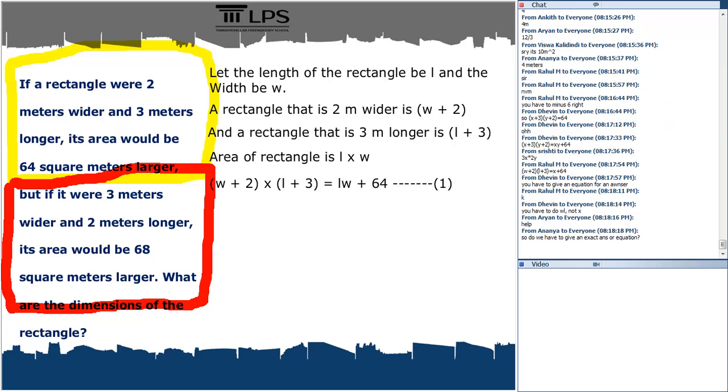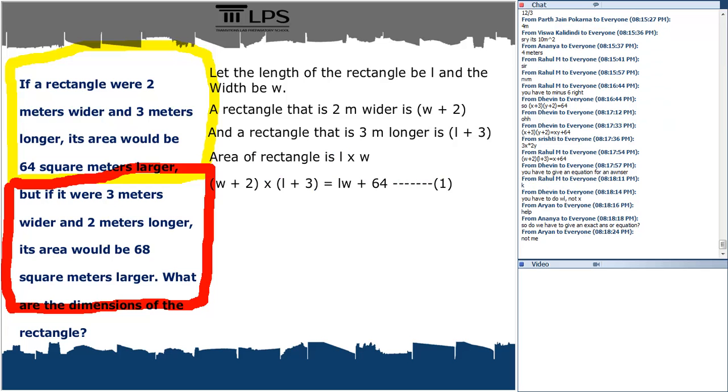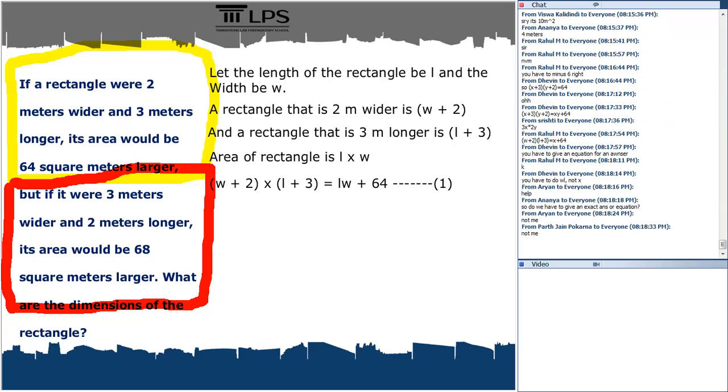Okay, how many of you have got this part of the question? Just look at the solution and tell me if you have got it. Adi, read the question again. The solution is right next to it. Interpret each and every line. Parth, read the question, the part which is in the yellow box.